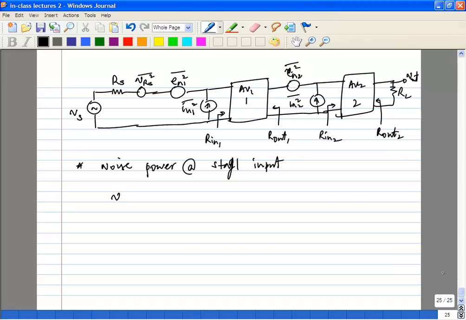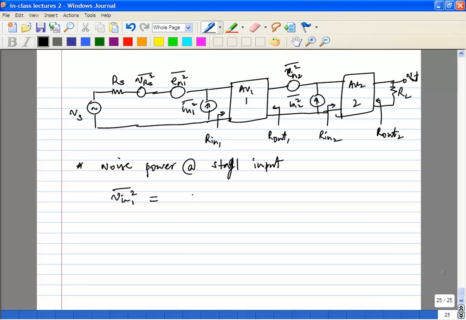We'll call this Vn1 squared. So what components does it have? It's going to have a component from VRs squared, En1 squared and In1 squared. And remember that in general En1 and In1 can be correlated, so you can't handle them separately.